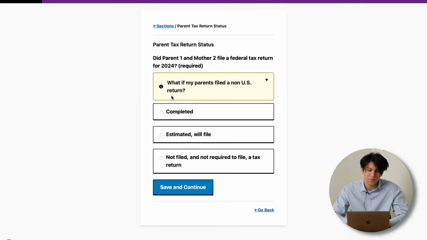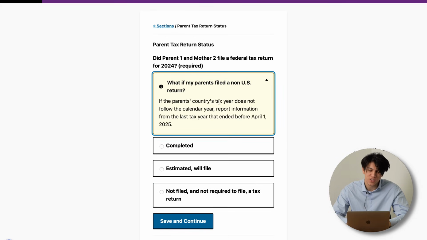Okay, now it's asking about money. So did parent 1 and parent 2 file a federal tax return? So here, what you can do is, in the United States, you have a US federal tax return, but in the US, you just put completed. But what if my parents filed a non-US return?